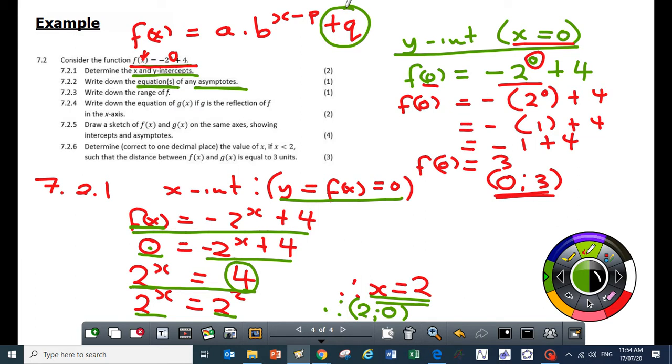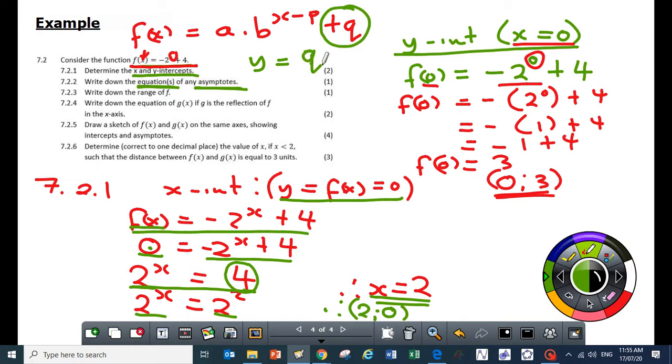That q in the general equation is the one which determines the value of y along the horizontal asymptote. Now, your horizontal asymptote, it must be written as y equal to whatever the value of q, you put it there.